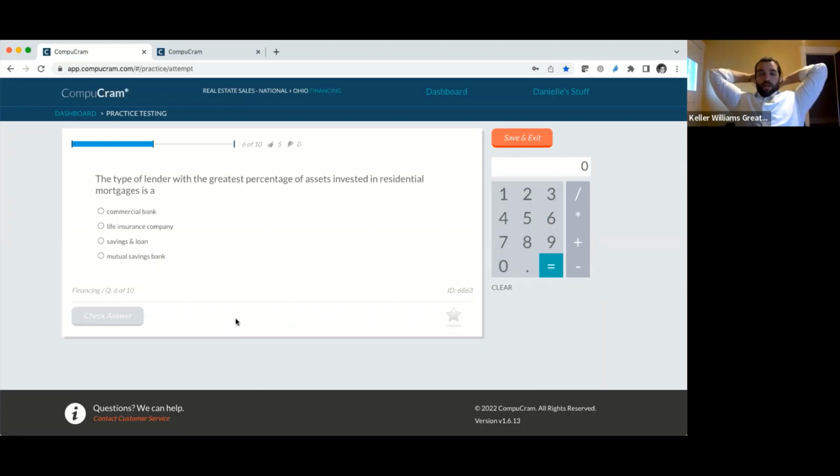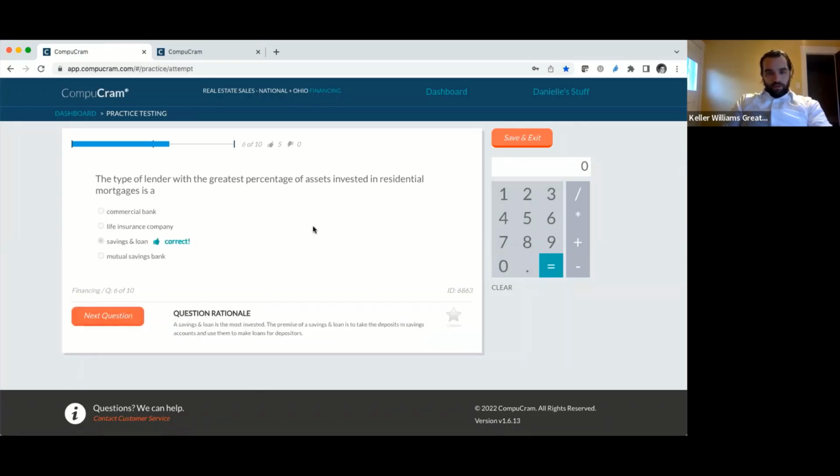Which one is most likely to have the greatest percentage of assets invested in residential mortgages? Everyone knows this one right away. It is the savings and loan. And that is because they're going to be most invested, because the premise is to take deposits from constituents, put them into their accounts, and then make loans with that money.